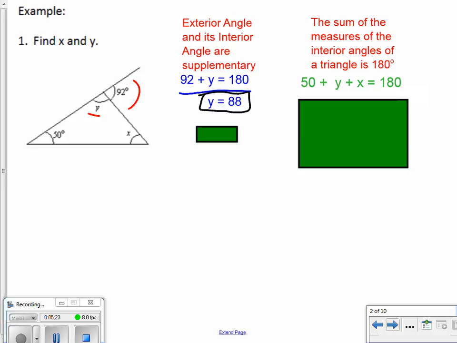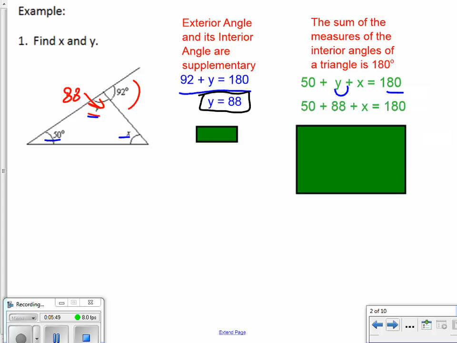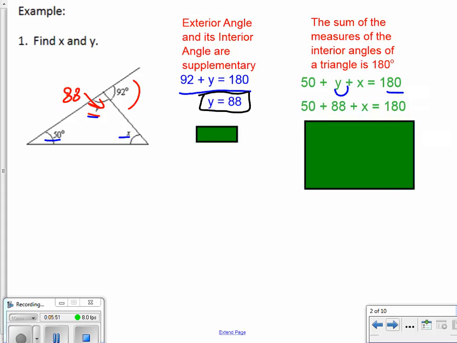So now that we know that y is 88, and I suppose I can write that in right here, 88 is this spot right here. Well, we know that the sum of the measures of the interior angles of a triangle have to be 180 degrees. So this 50 plus y plus x have to be 180 degrees. Well, now that I know that y right here is 88, I can say 50 plus 88 plus x equals 180.